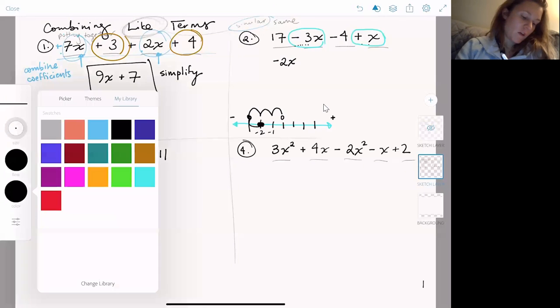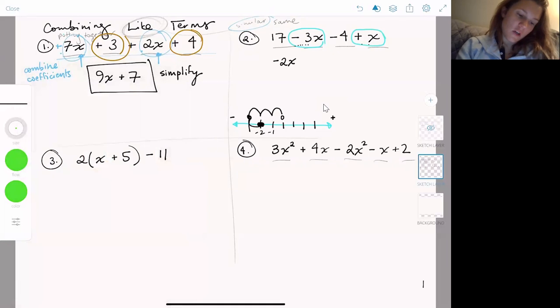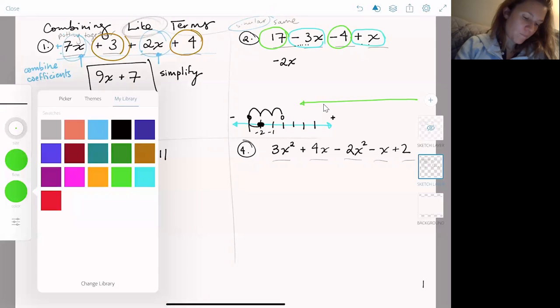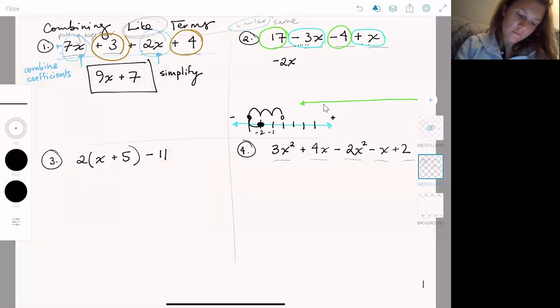Okay. Well, now I take a look at what else I've got. So I've got a positive 17 and a negative 4. So we can do the same thing again. So I'm going to put my 0 here. I'll go 1, 2, 3, 4, 5, 6, 7, 8, 9, 10, 11, 12, 13, 14, 15, 16, 17.